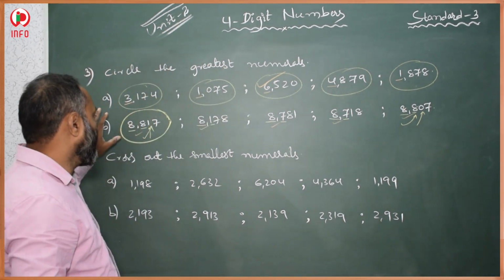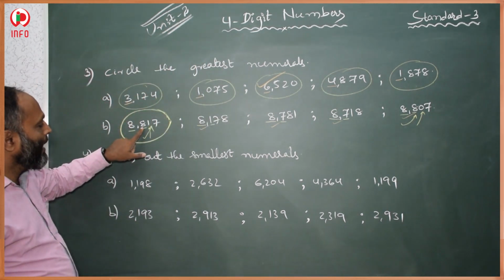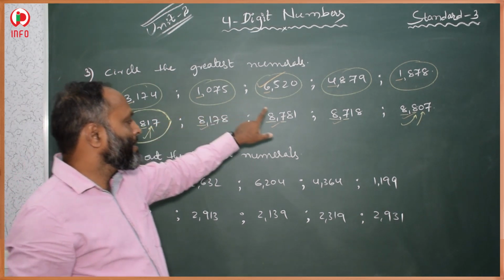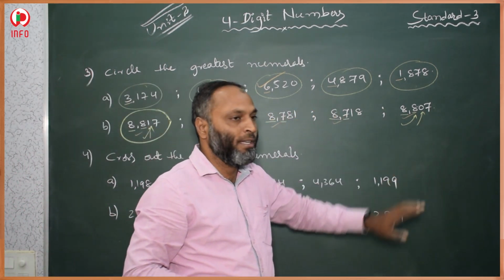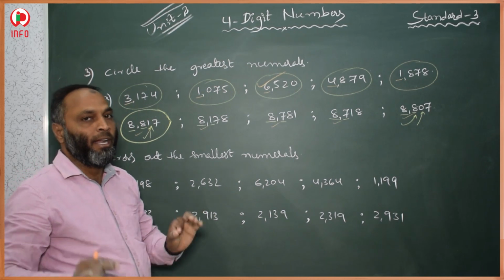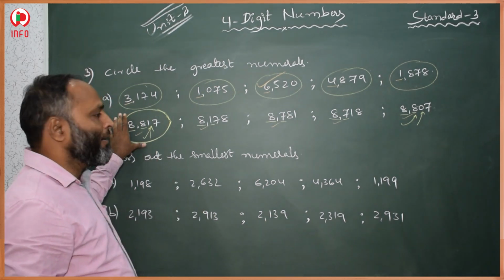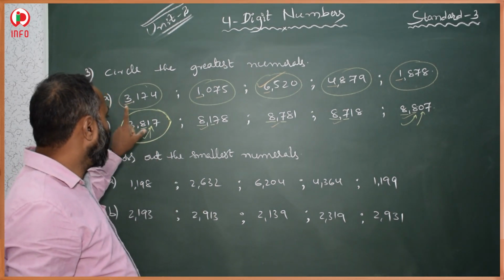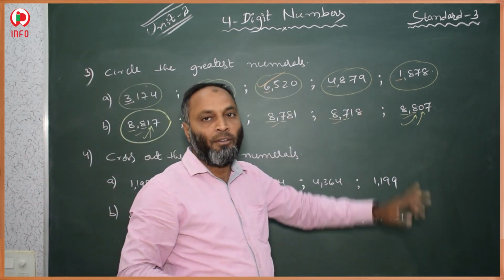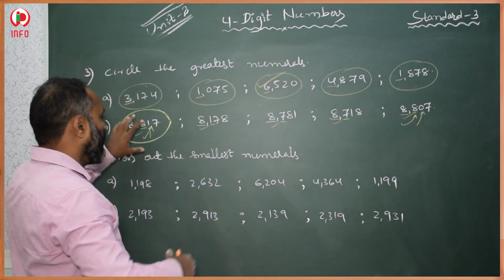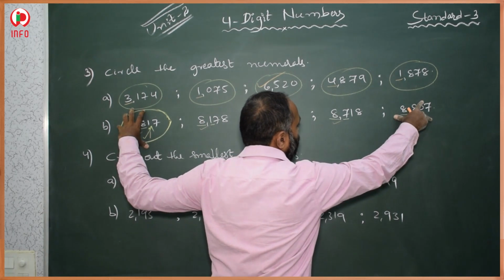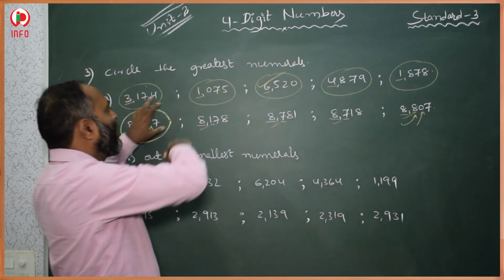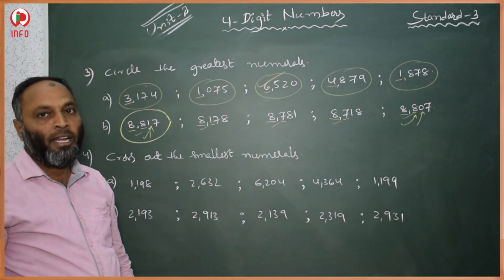Here, 8, 1, 7, 7 and 8. Comparing 1, 7 and 8, 8 is the bigger value. In two numbers we have 8 in the hundreds place, and we compare only these two values. Only bigger values we compare, so that we circle only the greatest value.